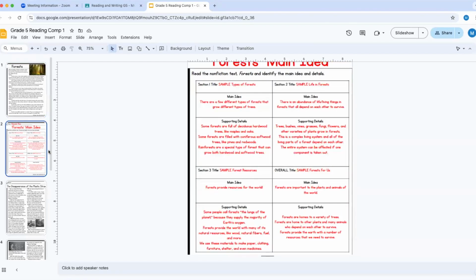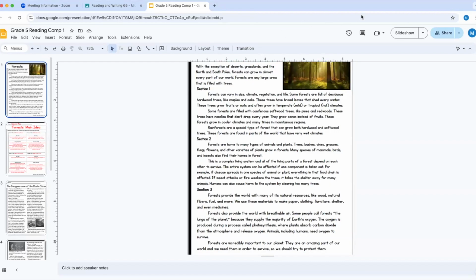So take a look at the second slide, okay? Let me just get my annotation tool. Section 1 was types of forests. And if we go back to the text, we can see here we had types of forests, section 1.